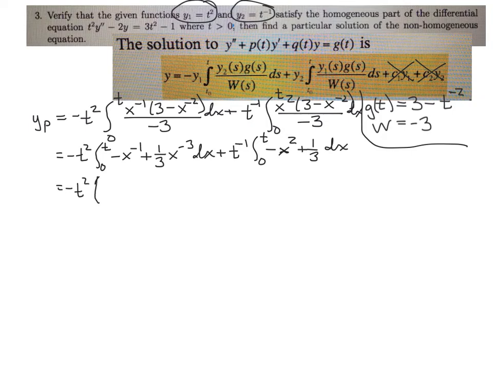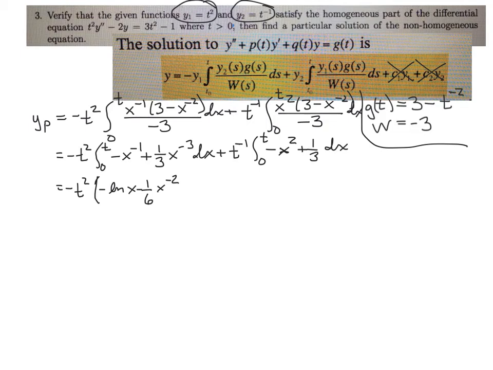So on this first one, if I integrate x to the negative 1, looks like that's going to give me a natural log of x. And then the second one, if I add 1, I get an x to the negative 2, and then divide by negative 2.